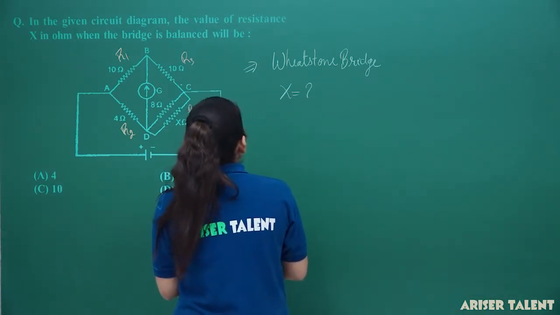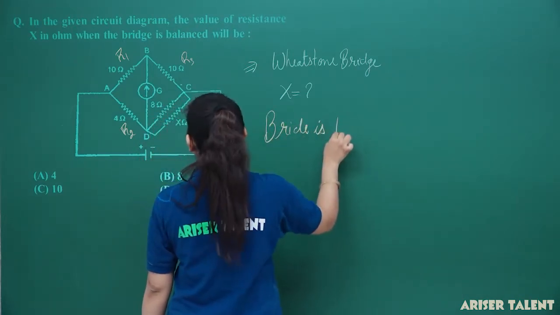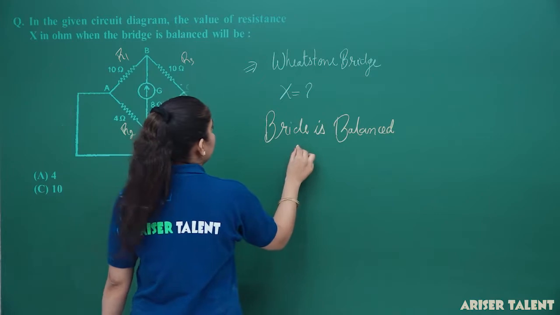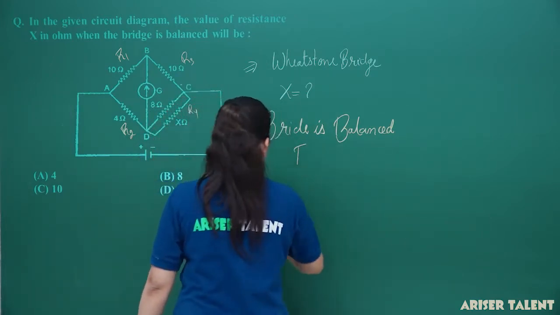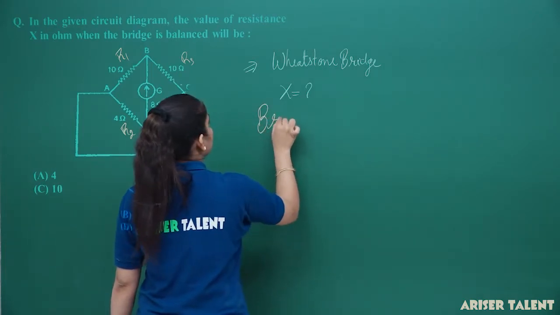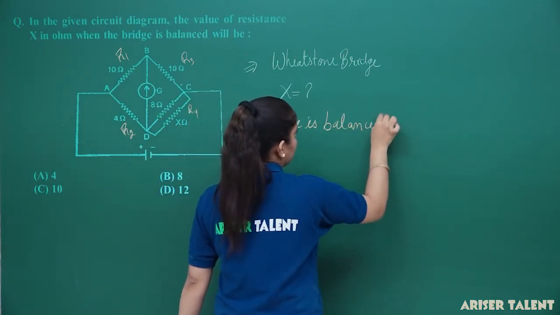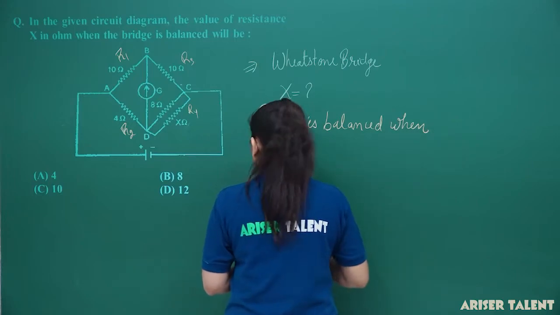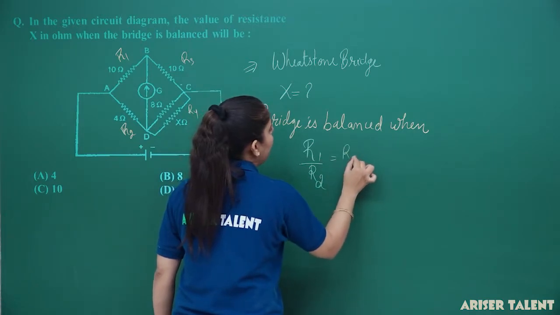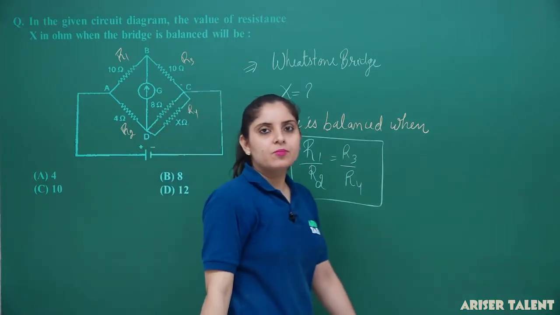The bridge is said to be balanced when this condition occurs. What is the condition here? R1 upon R2 will be equal to R3 upon R4. In this condition, the bridge is balanced.